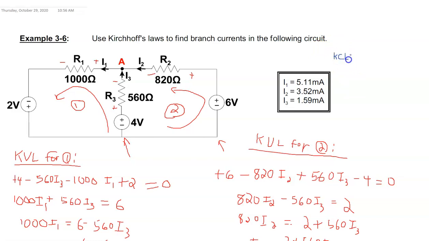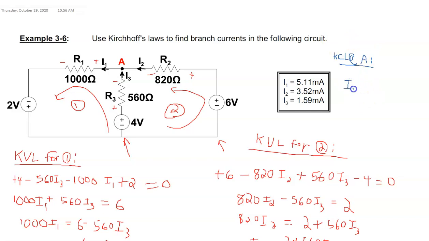KCL at A. And we do that, remember, the sum of the currents that enter is equal to the sum of the currents that leave. Or the sum of all currents is equal to 0, with the notion that currents that enter are positive, currents that leave are negative, right? So either one of those works, and you come up with the same result.